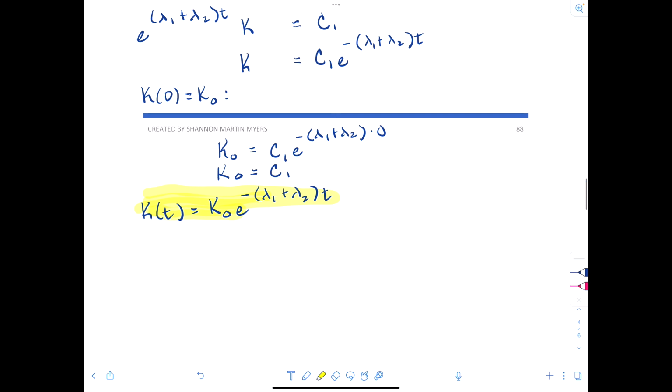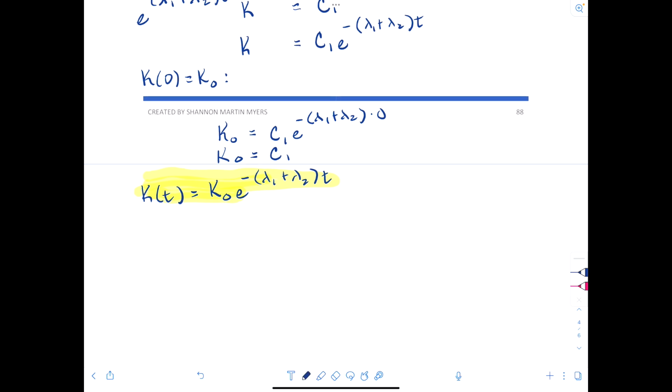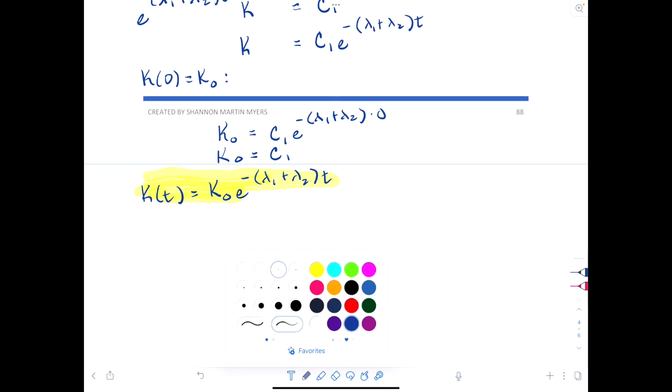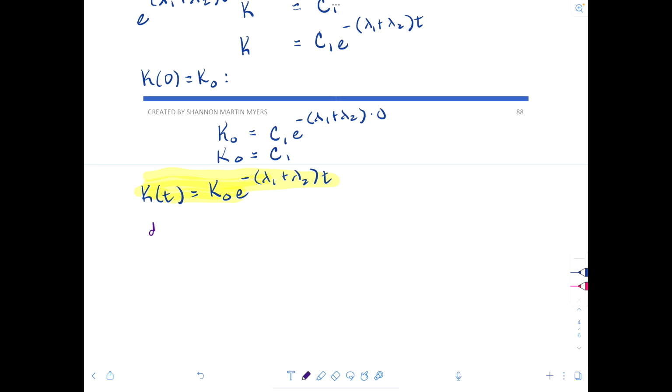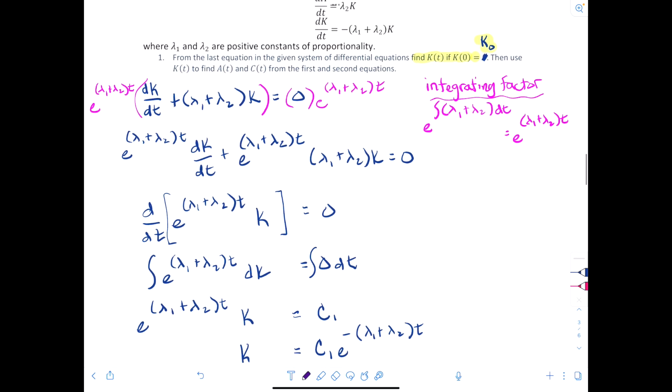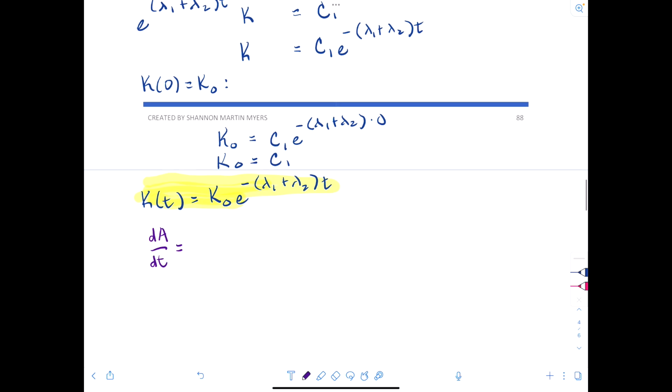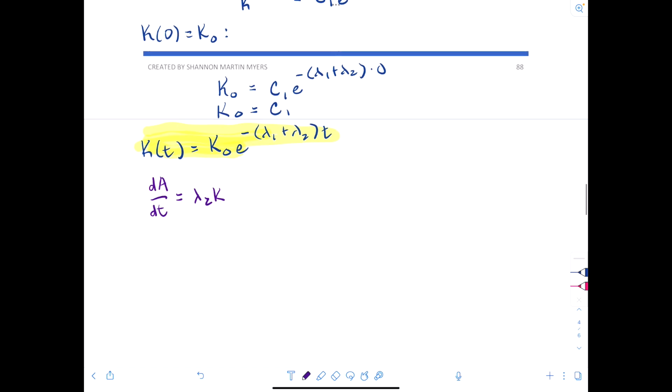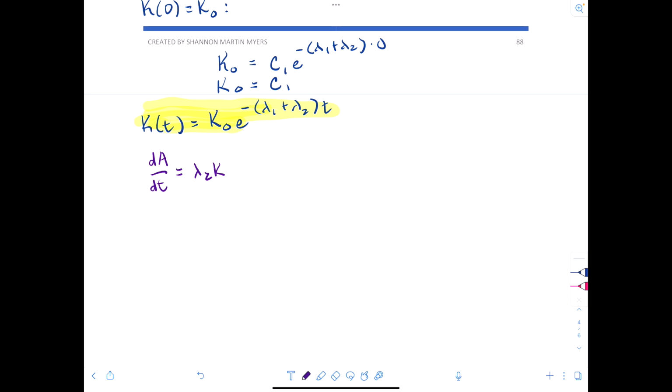All right. So now we will use K(t) to find A(t). dA/dt equals, this is from the system, lambda 2 times K. So very similarly to the last one, we are going to first plug in for K, all right?